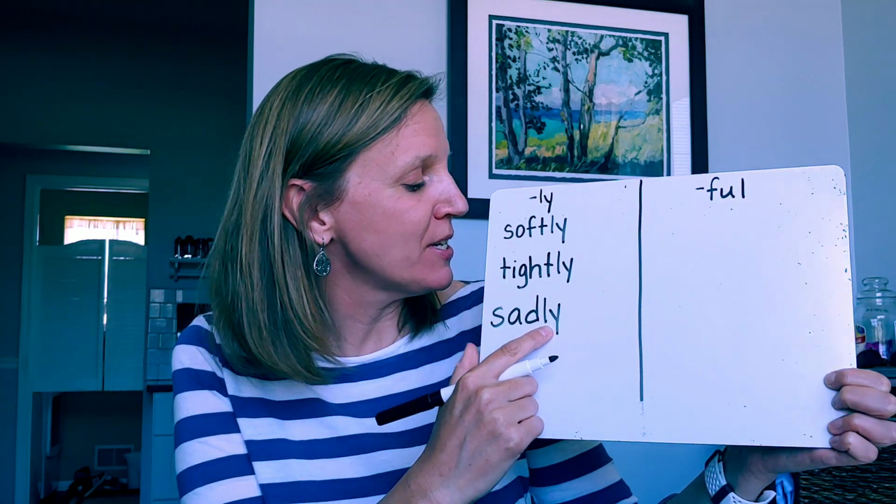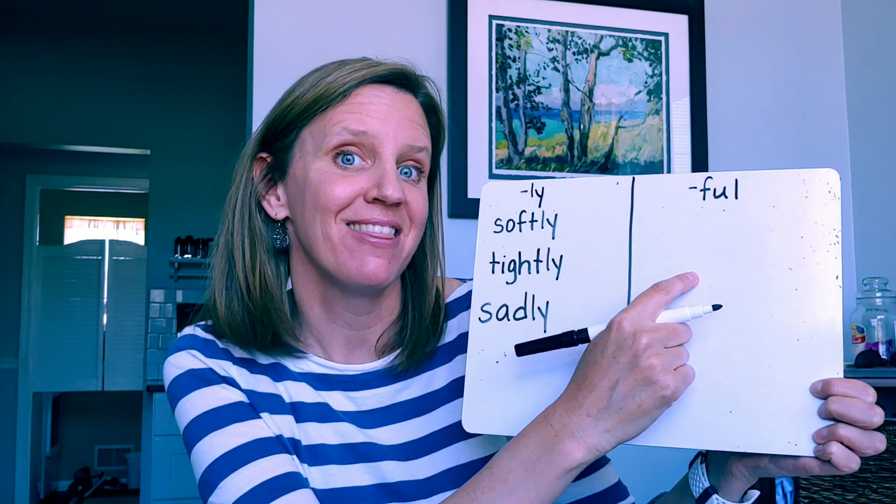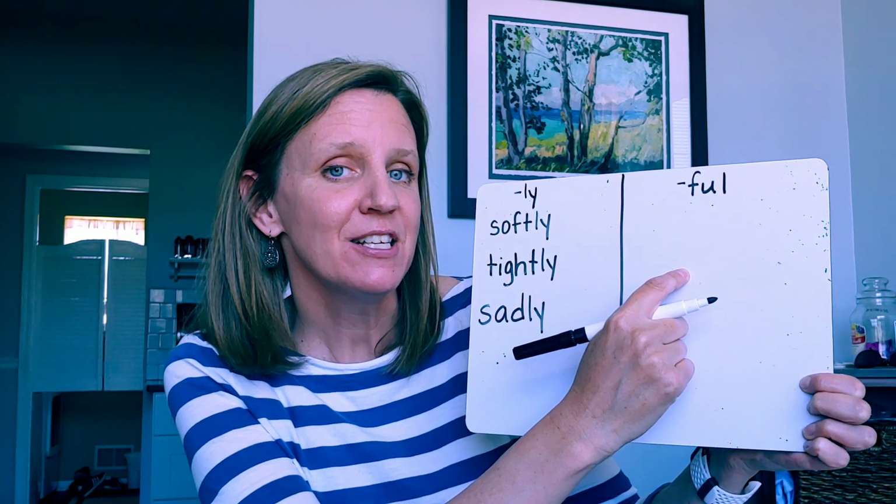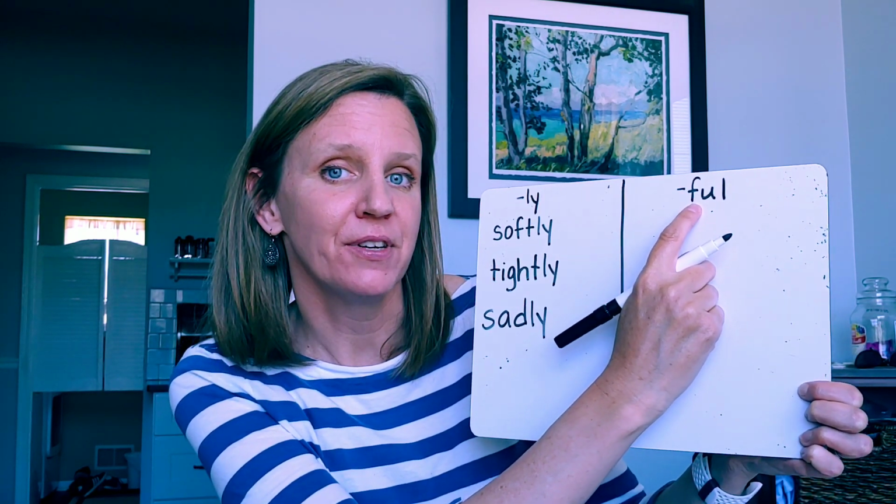Next, what we're going to do is try 3 words on this side of the board. These words are all going to end with the suffix full. Everybody say the word harmful. Now say harmful without saying full. Harm. Spell harm.